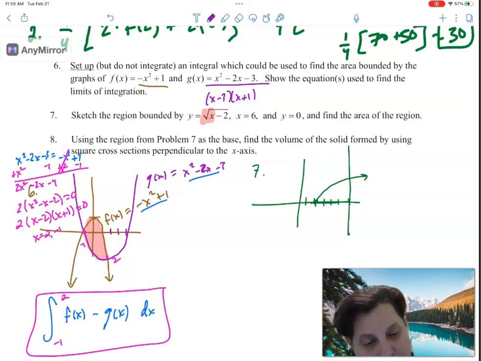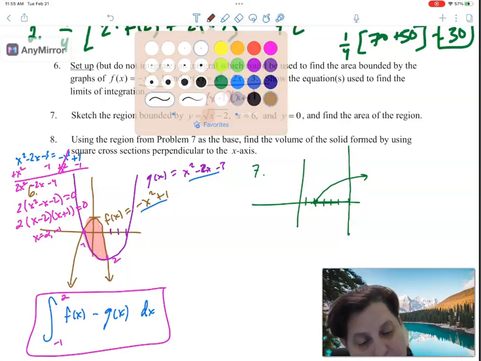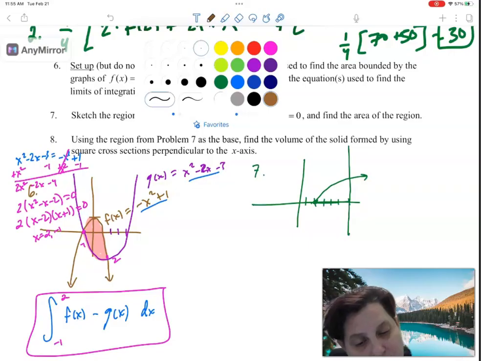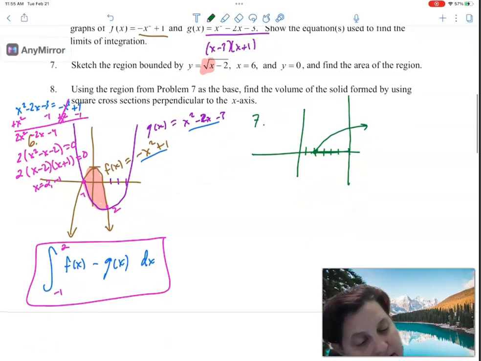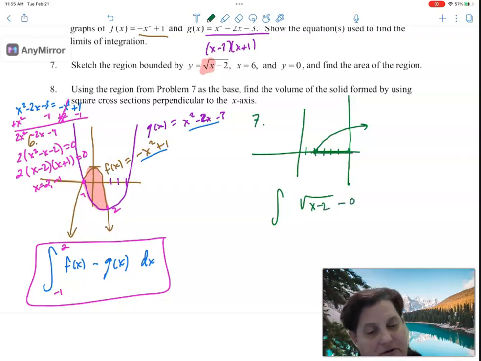This one wants me to actually do it, not just set it up. So we have the integral of the top curve minus the bottom curve, which is just 0, so I don't need to put that there. Left to right, this starts at 2 and goes up to 6.